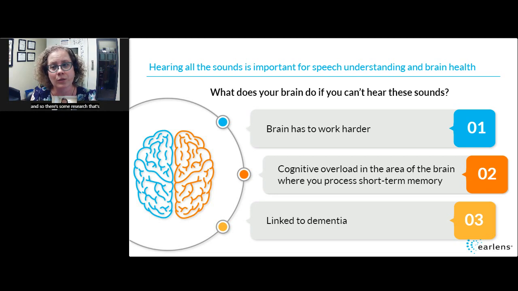All right. And so there's some research that's emerging now that's showing that this brain strain or cognitive load from not hearing well can actually be linked to dementia. So having hearing aids that give you the full range of sounds is not just about improving your ability to hear people, but it's also about keeping your brain healthy and active from an auditory processing standpoint.